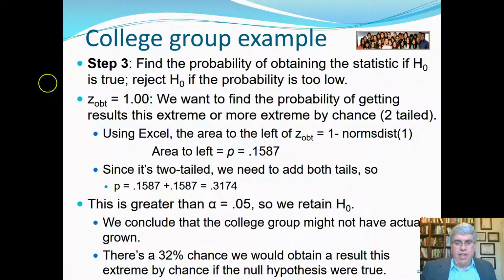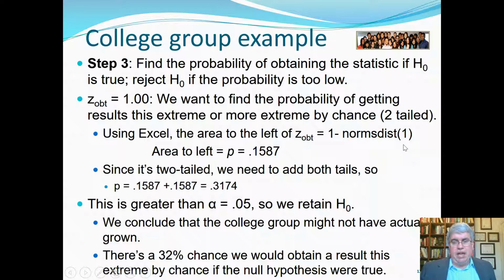The area to the left of Z obtained equals 1 is going to be 1 minus the NORM.S.DIST of 1, because we're looking at the area to the left, and the NORM.S.DIST usually gives us the area to the right. The area to the left, which we call the p-value, is 0.1587 using this formula.